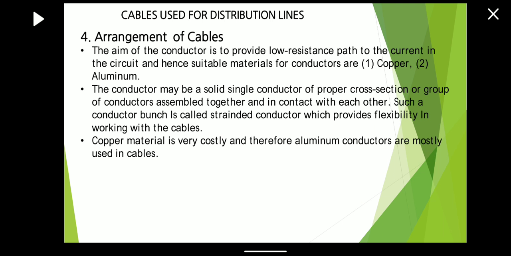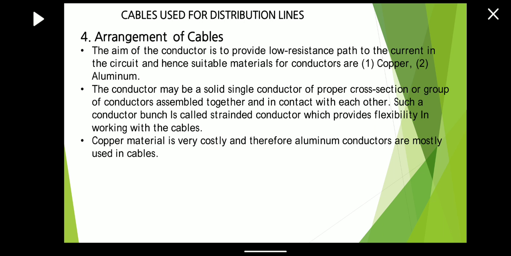Such a conductor bunch is called a stranded conductor, which provides flexibility in working with the cables. Copper is very costly, and therefore aluminum conductors are mostly used in cables.